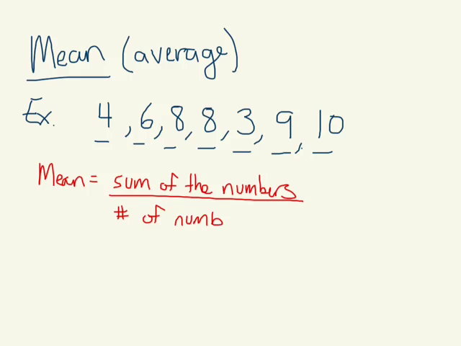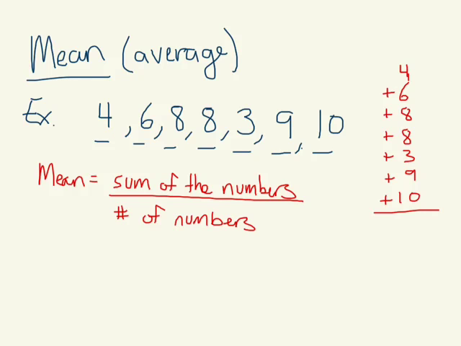Okay, so I'll show you what we mean. Let's add up all of these numbers listed here. So if we make a column here, we've got 4 plus 6 plus 8 plus 8 plus 3 plus 9 and plus 10.